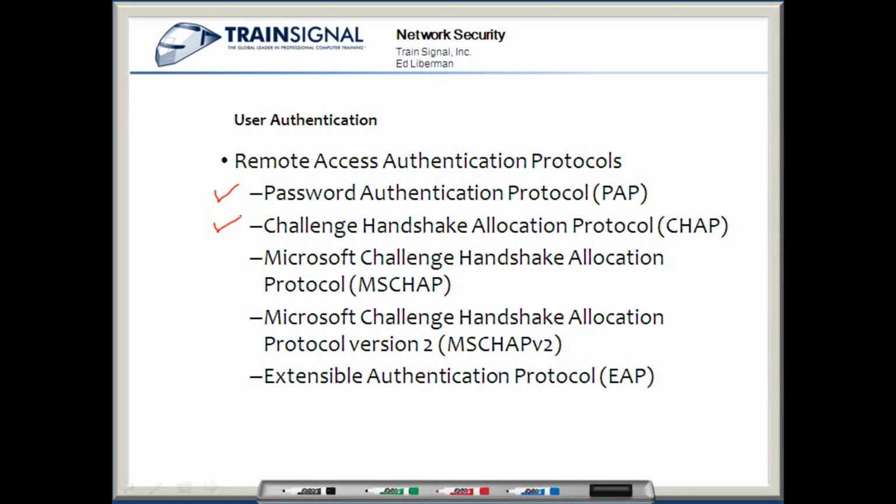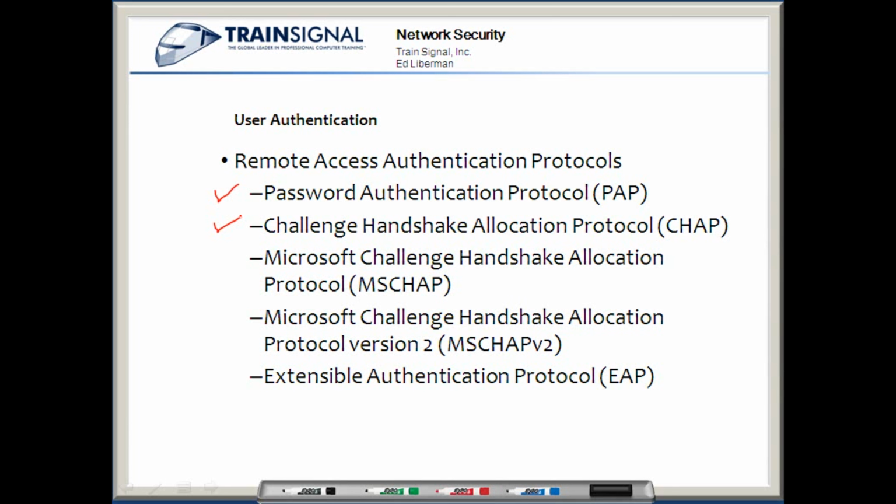So CHAP is considered to be the first secure way of authenticating to a remote access server. Although I will tell you that it's considered in Microsoft land as only a middle level of security.